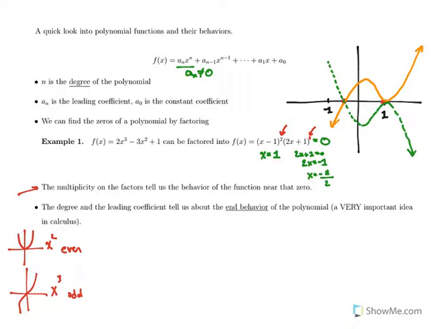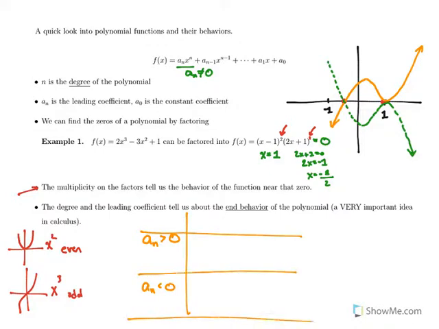So there's a nice little chart that we can use for this. We're going to talk about the leading coefficient being positive and the leading coefficient being negative, and the degree being even or odd. So if the degree is even, we think about x squared, the end behaviors are going to go in the same direction.